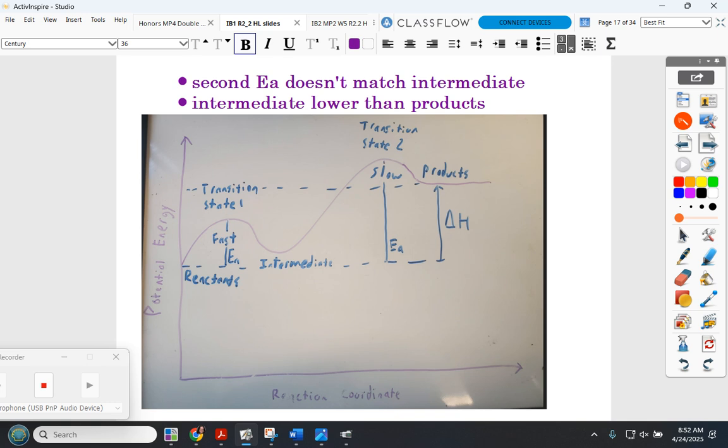It's not like two separate reactions. So if the intermediate was this much lower than the products, it doesn't make a whole lot of sense that you would then go from the intermediate to the products. It would take a whole lot of energy to get there. I mean, you can, but in the reactions that you guys will be studying in organic, the intermediate is going to be higher than both the reactants and the products. So that's kind of a minor thing here, but something to keep an eye on.